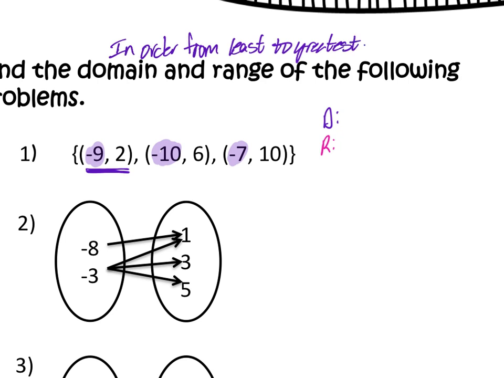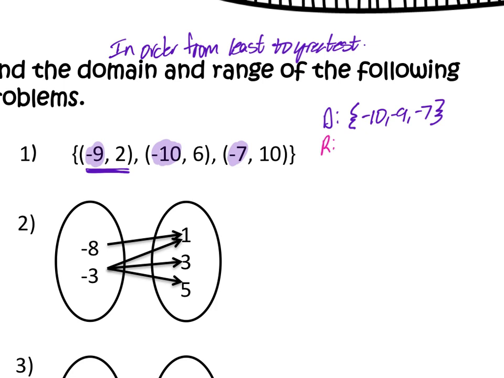So my smallest one is, and remember, I have to use the right notation, these little curly brackets. It's -10, -9, and -7. Okay, so there's my domain.